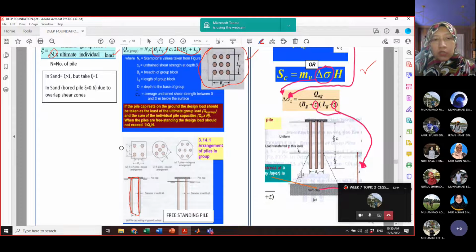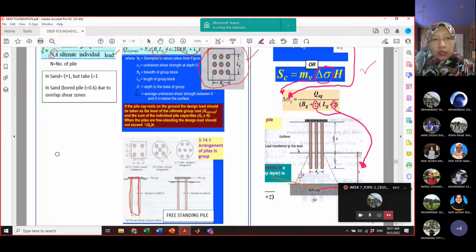Dan dia bagi juga some idea kalau kata you have 4 piles, so the arrangement of pile can be this way. Kalau kata you ada odd numbers of pile, number ganjil pile tu macam mana kita nak susun? Takkan kita nak susun pile keliling bulatan pile cap tu kan? So the idea is that they produce, we have 4 sets of pile around the perimeter.